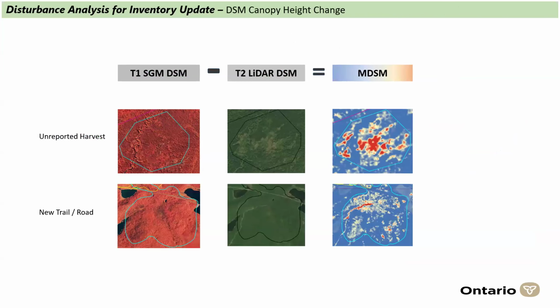Perfect. I'll just quickly cover this slide here, which is the other component of the disturbance mapping, which is the elevation component, and where we are bringing together the term from the T1 FRI, which was obviously a digital aerial acquisition. We're able to create a digital surface model through semi-global match.